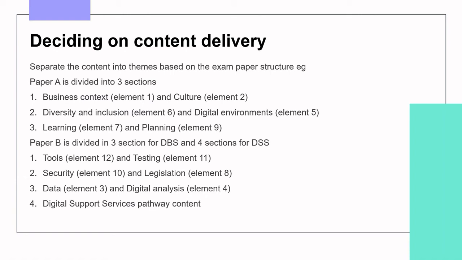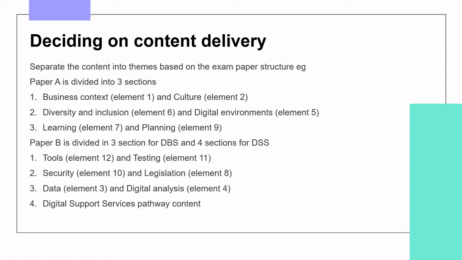Paper B is divided into 3 sections or 4 sections, depending on whether you're doing digital business services or digital support services. And paper B addresses the route core elements 3 and 4, 10 and 11, and 12, with digital support services having an extra section on their exam paper for the pathway content.